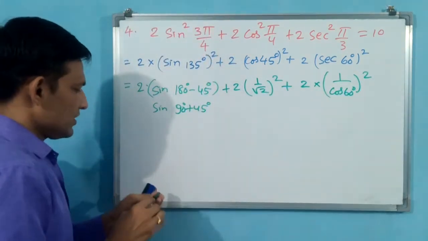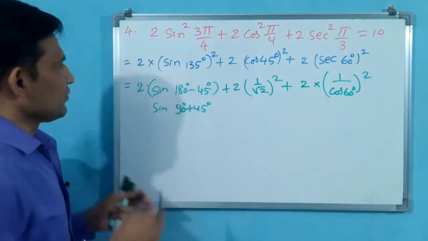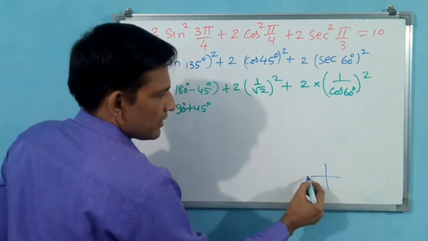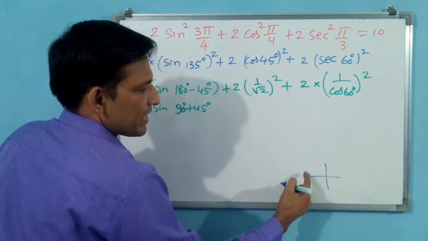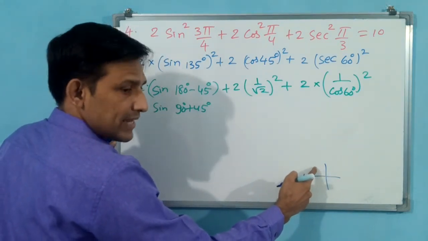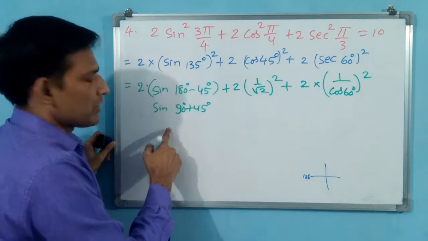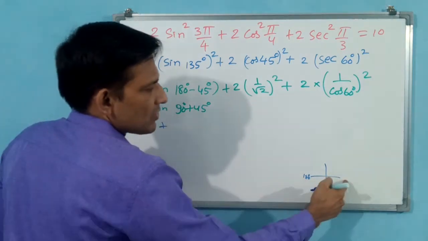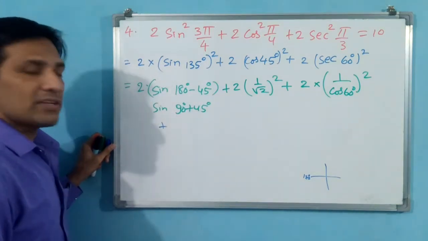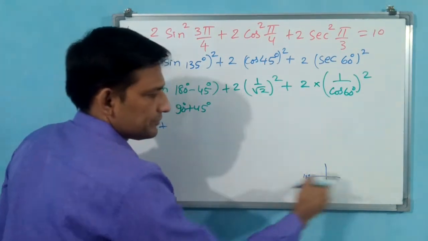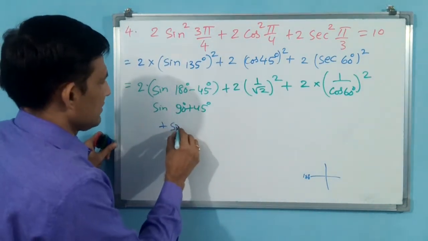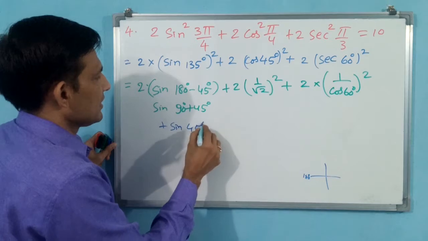You see here what I am showing to you. Sin 180 minus 45. You see, this is 180. 180 minus 45 means second quadrant, sine positive. First positive, then because of horizontal angle, 180 degree, sine is going to become sine only. Sine 45 degree.